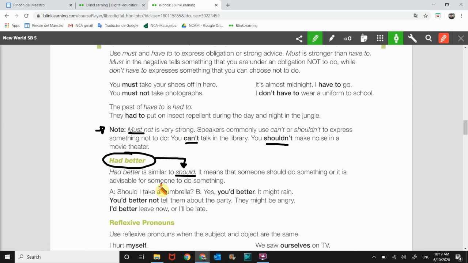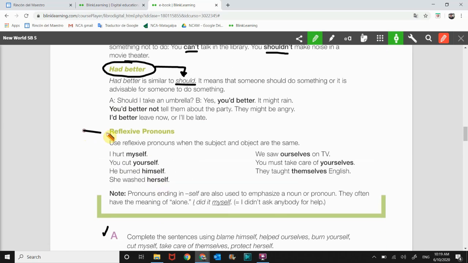So the last grammar note in this section is reflexive pronouns. So you guys already know this in Spanish, so let's do this in English. Use reflexive pronouns when the subject and object are the same. So I hurt myself. I, myself. You cut yourself. You, yourself. He burned himself.